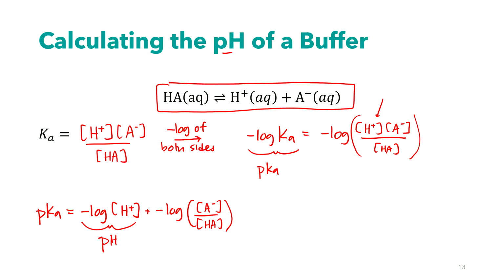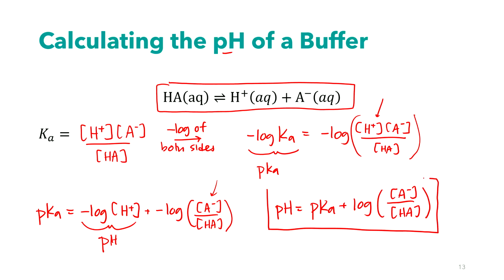So I can now say that the pH of a buffer, and notice I'm calling this a buffer because I have meaningful concentrations of both A minus and HA, is equal to the pKa plus the log of the ratio of the base to HA, the acid. So this is a friendly equation called the Henderson-Hasselbalch, and it helps us avoid ice tables.